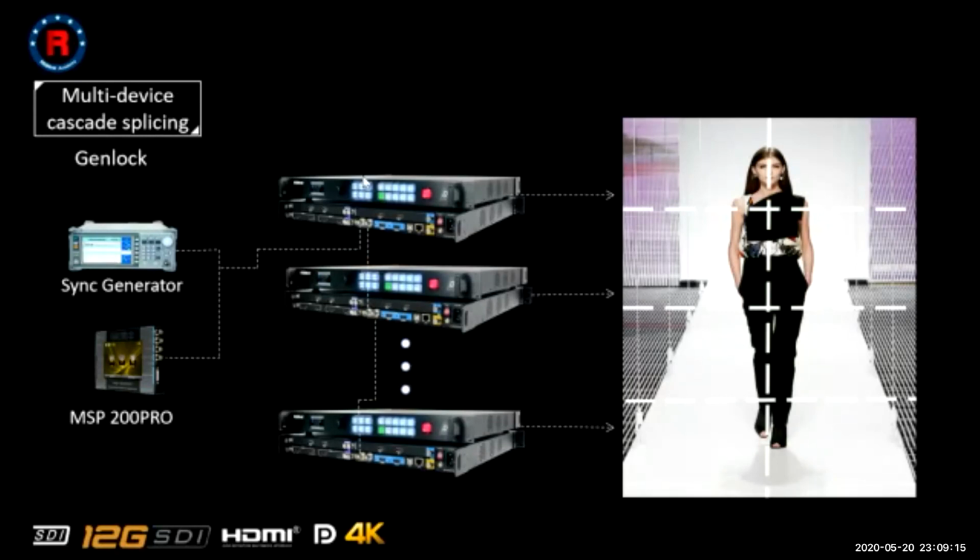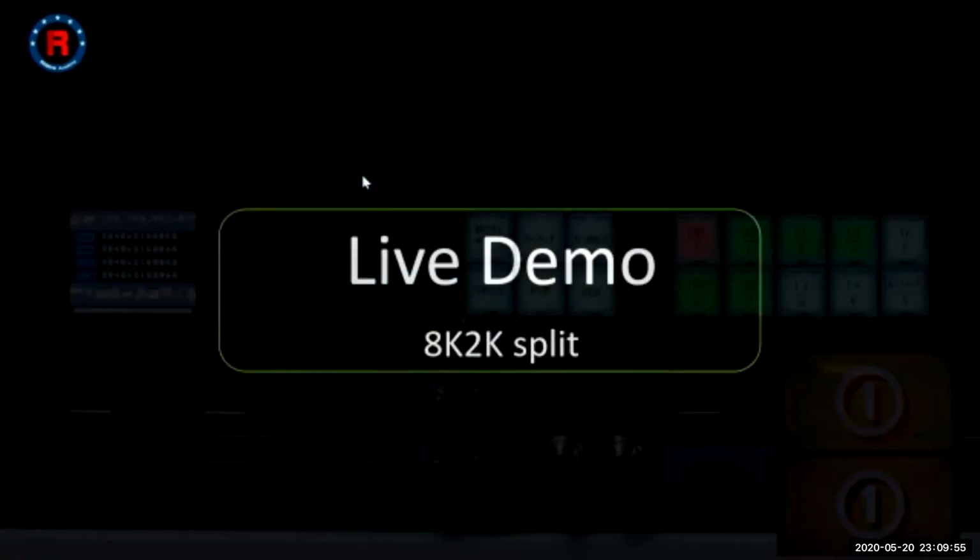Use the scene generator or MSP200 Pro to connect to the genlock in on the first device. Then loop from the first device to the genlock in of the next device, and loop again, so that you can connect several devices. The genlock can solve the signal synchronization problem. Now, let me show you the splicing in a live demo for more details.